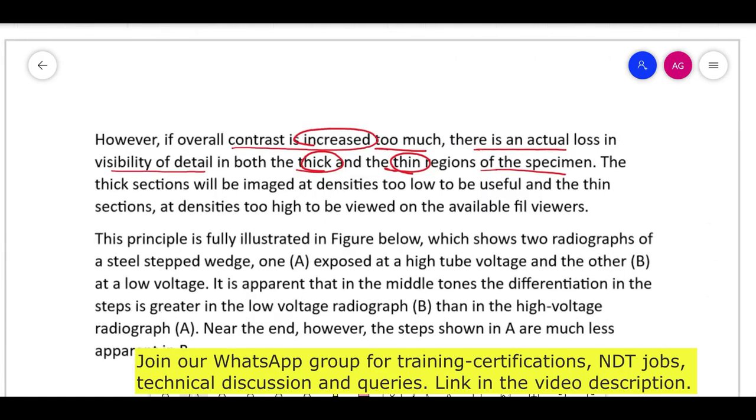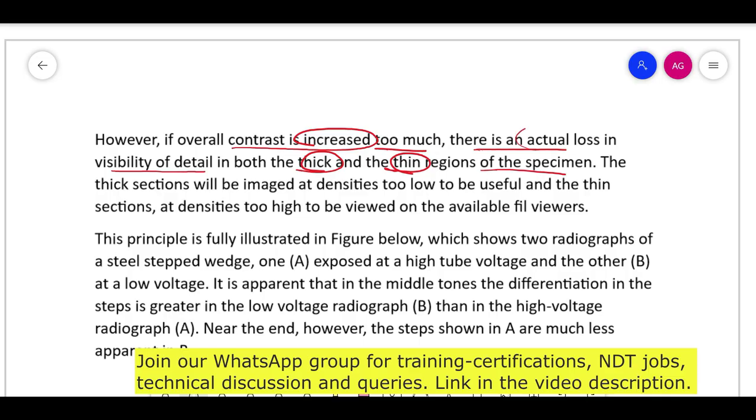Okay, this is what we are talking about. I mean, there is a specimen, like your job of casting etc. In some specimen, the thickness of some area is less. In the same specimen, the thickness of some area is very high. Okay? So when you do radiography of the casting, then this problem comes at that time. If you increase the contrast too much, okay, then this problem will come.